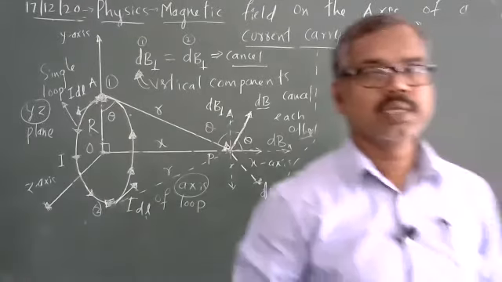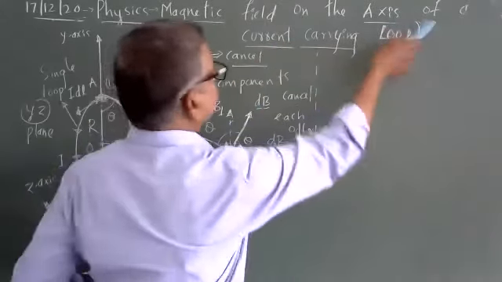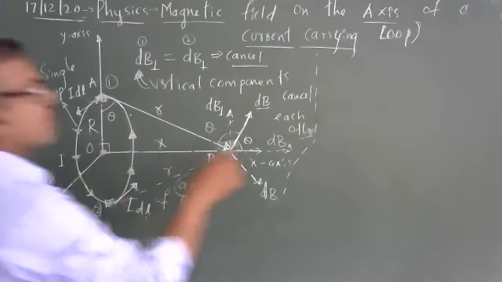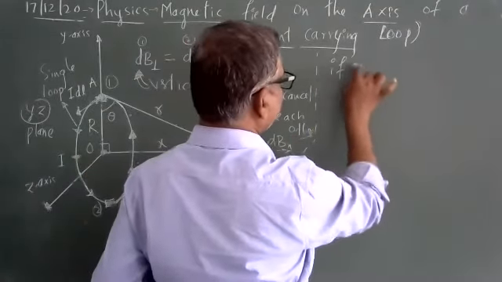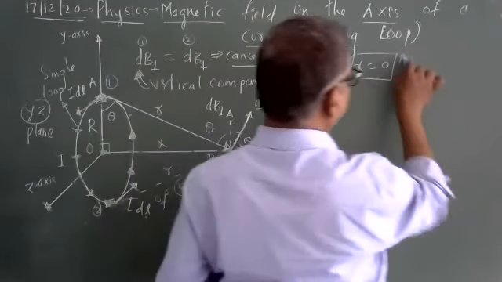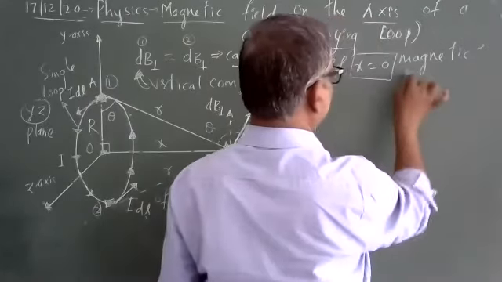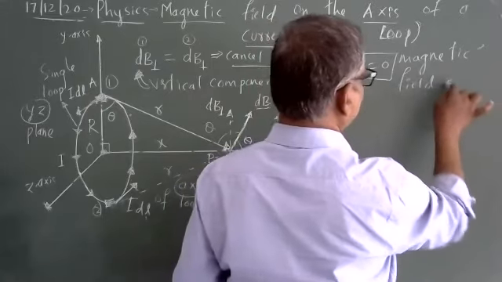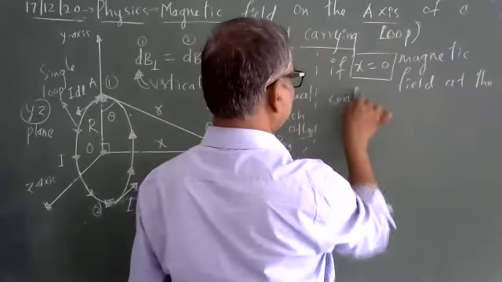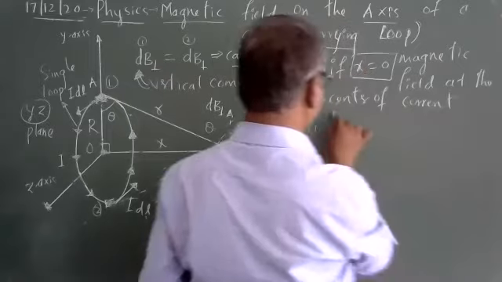The last step is, instead of the magnetic field on the axis of a current carrying loop, if I am interested in the magnetic field at the center of a current carrying loop, then x equal to 0 stands for the magnetic field at the center of the current carrying loop.